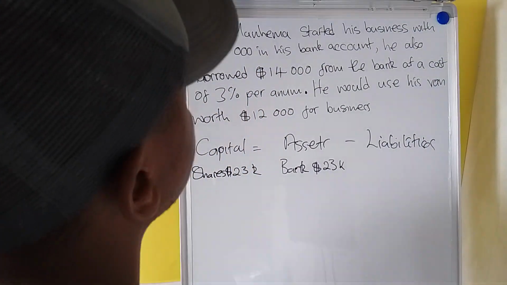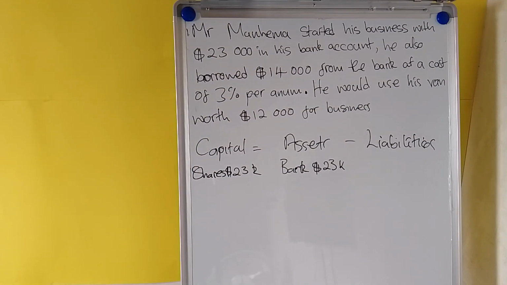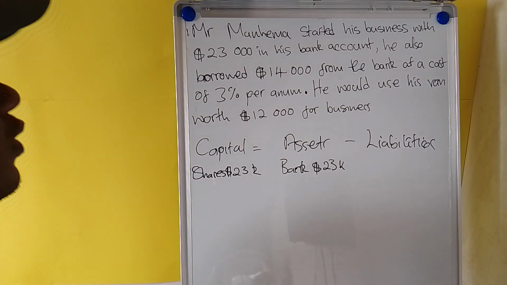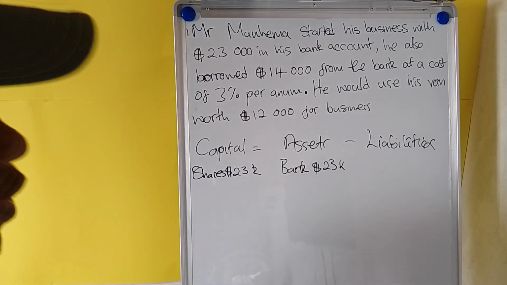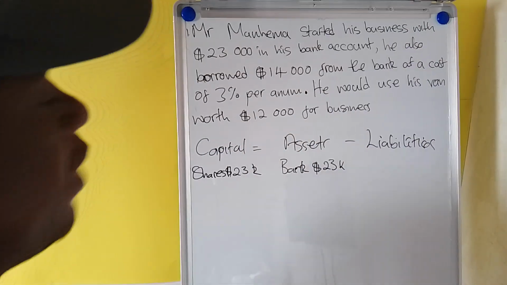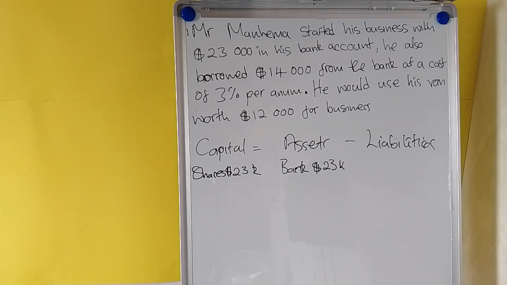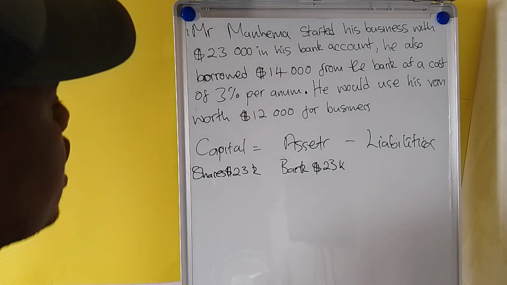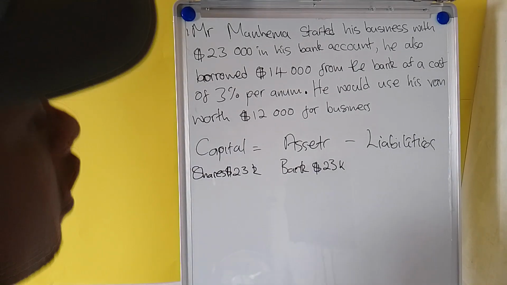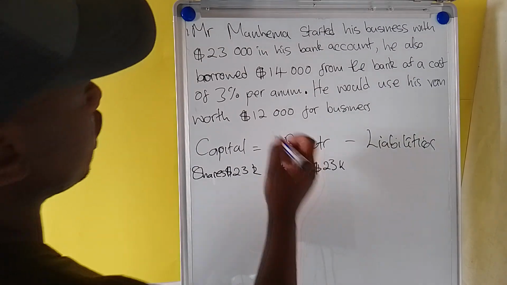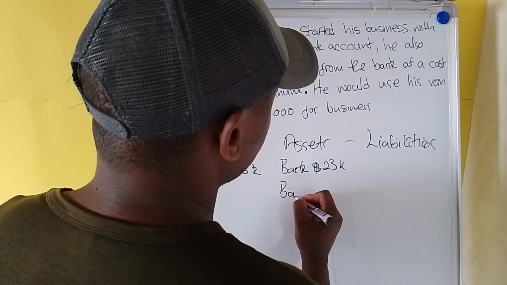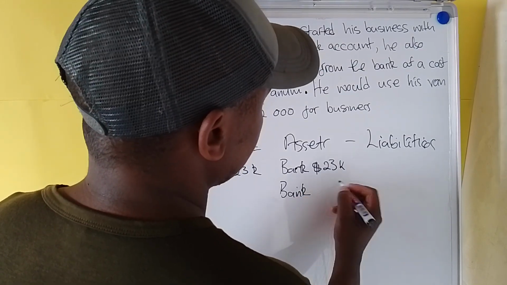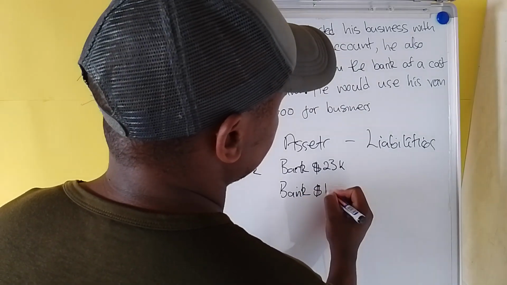We also have the second statement which says he borrowed 14,000 from the bank at the cost of 3%. Actually, when the bank gives you a loan, they will deposit that money into your account, so your bank account will also increase. So now on this second statement, the bank also increased with the loan amount of 14,000.